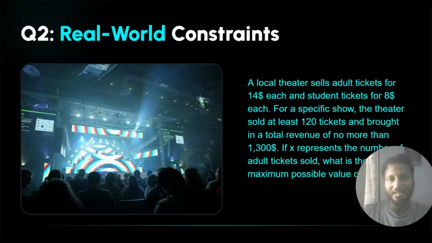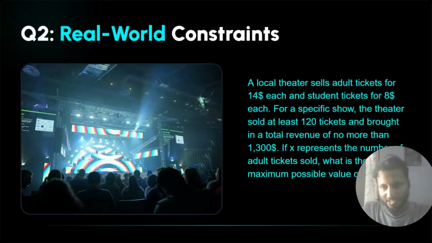So what needs to be done in this question is you have to algebraically write this equation, and that's it. Once you are able to do that, the solution is right in front of you, right? So how are we going to do it? Simple. First constraint. An adult ticket costs $14. How many tickets are there? X tickets. Let's say we have Y number of student tickets.